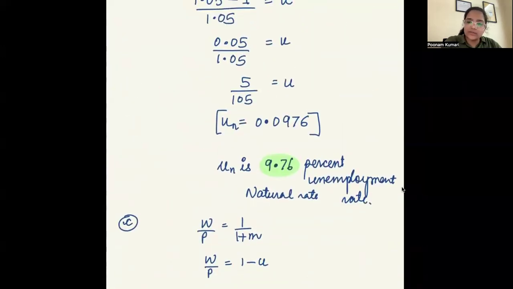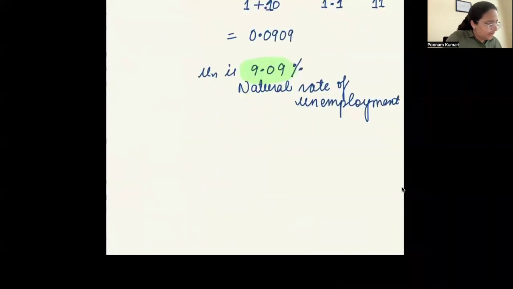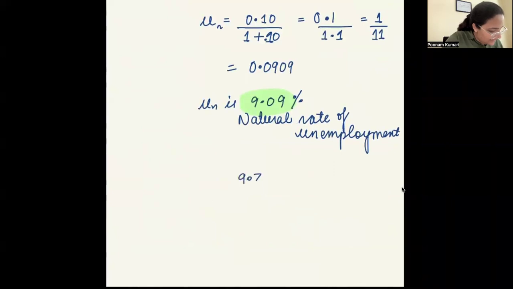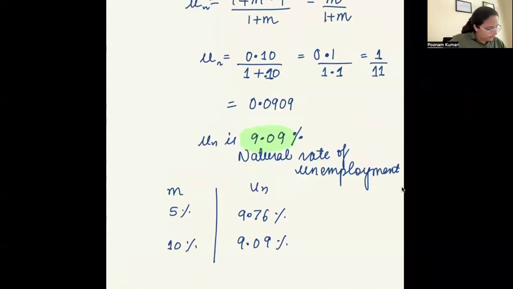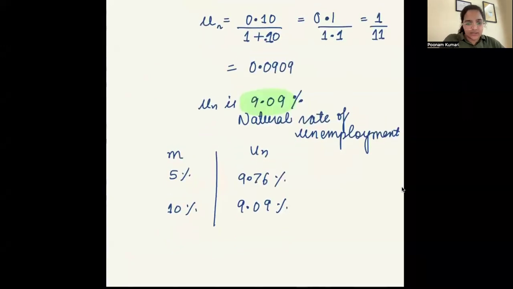Increased or decreased? It decreased, from 9.76% to 9.09%. So the unemployment rate has fallen.